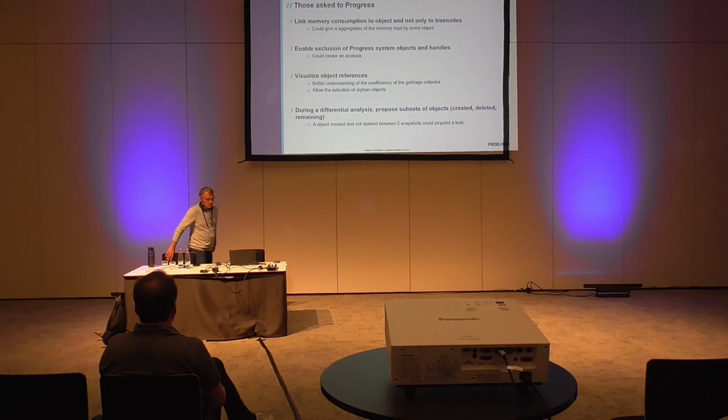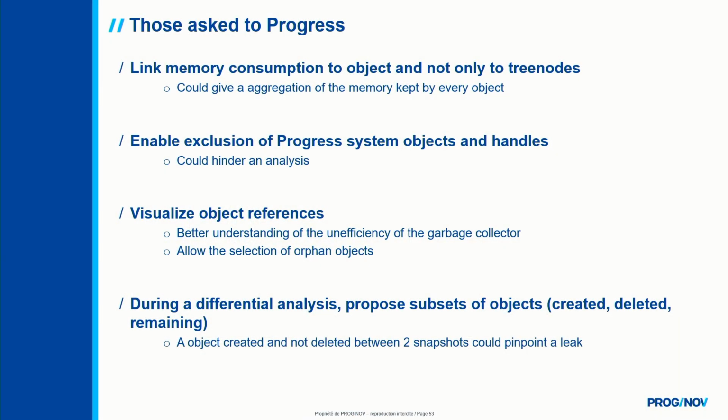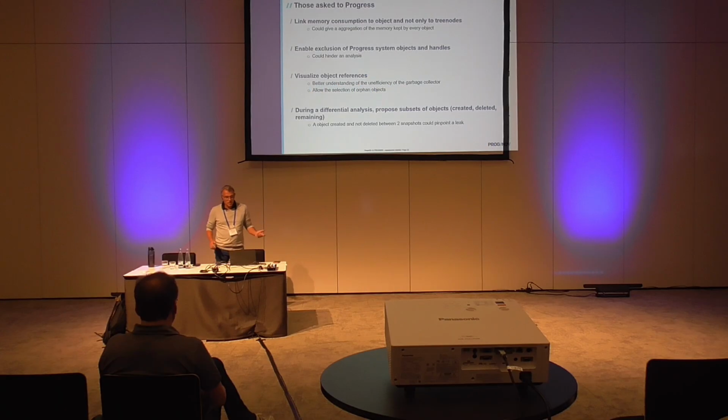So we also ask a few things of Progress. Like we said, as with other tools on the market, we want to link memory consumption to objects and not only to the tree node. It could give an aggregation of the memory leak held by every object. We also want to be able to exclude Progress system objects and handles.